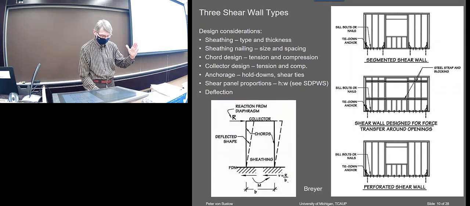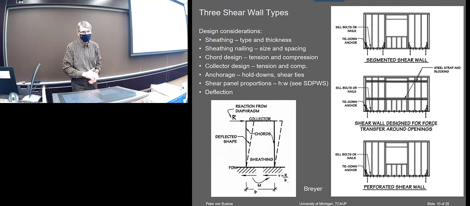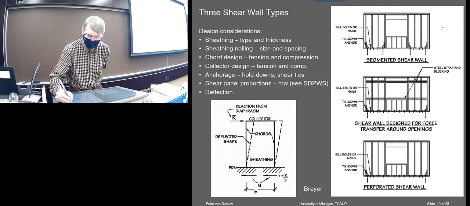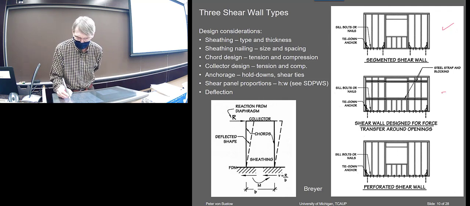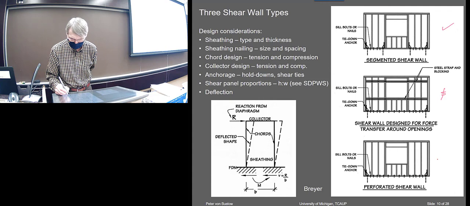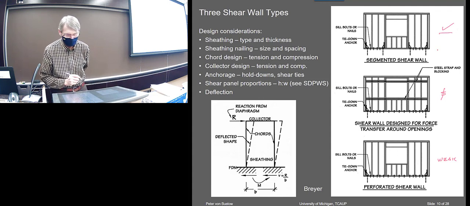Okay, so those are diaphragms. Those are all the roof part, right? Now we'll talk a little bit about the shear walls on the sides. There are generally 3 types. This is probably the most common. This is rather expensive, and this is kind of weak. So this would be your first choice, I guess.